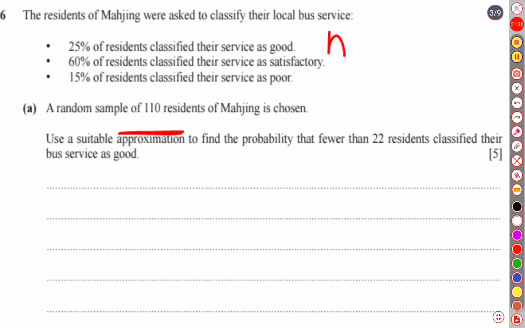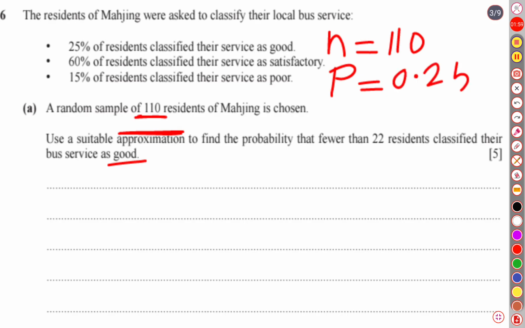Here n is the total number of residents, meaning 110, and p is the probability of the bus service being good, which is 25%, meaning 0.25.